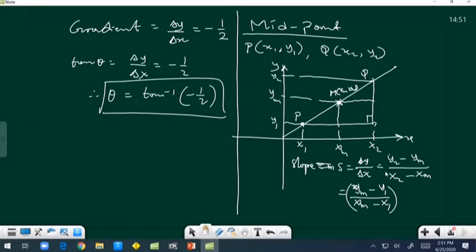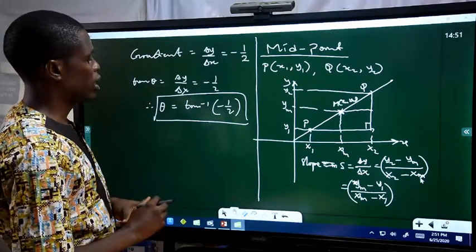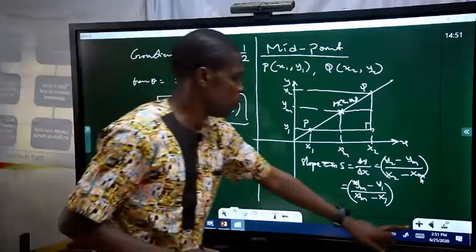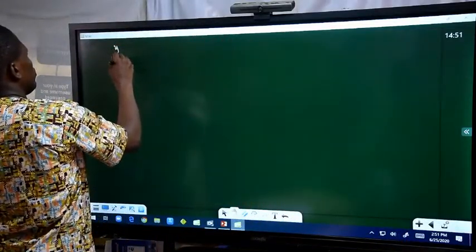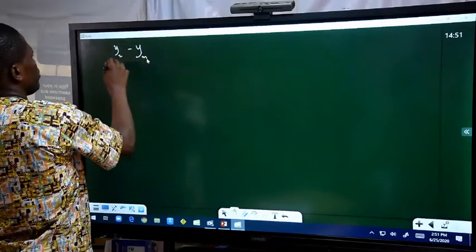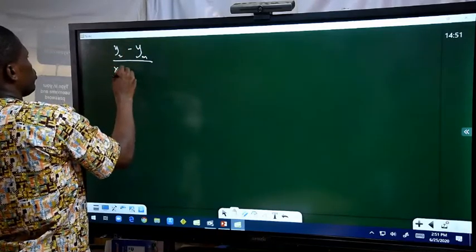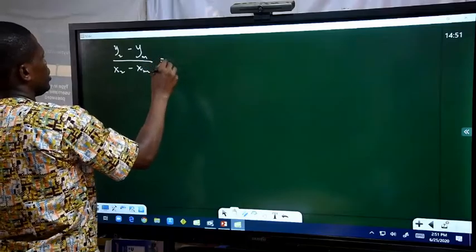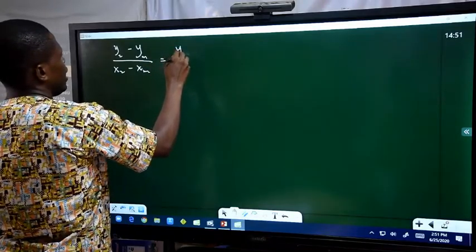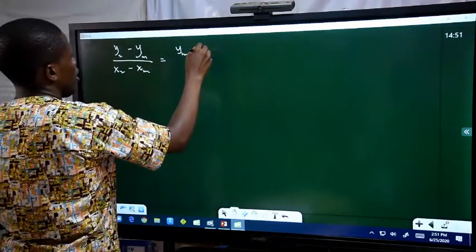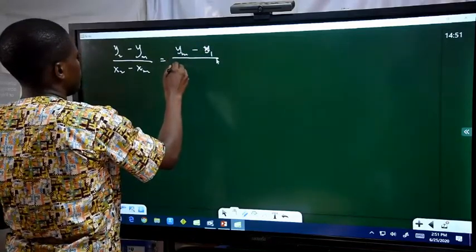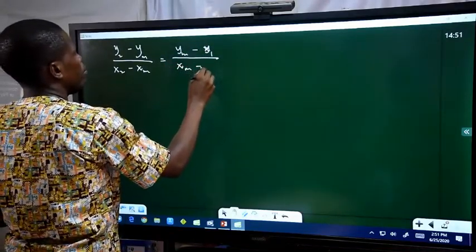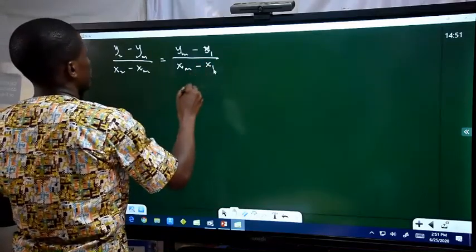So we can equate these two terms and see what it gives us. We have the first one, y2 minus ym divided by x2 minus xm, is equal to ym minus y1 divided by xm minus x1.